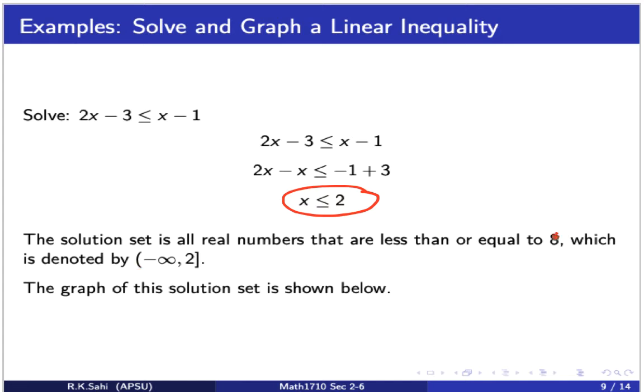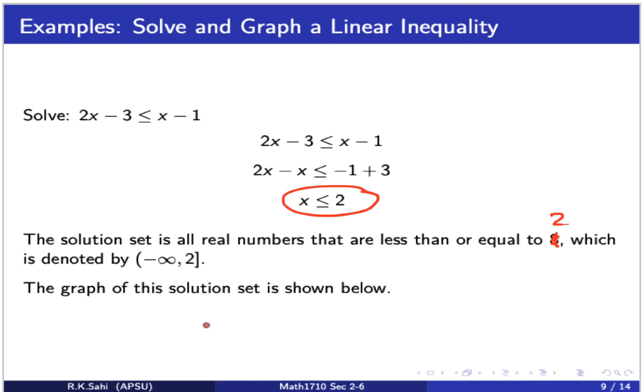This should be, guys, minus infinity, comma, 2 with the square bracket. Remember one thing, when you have any brackets next to infinity or negative infinity, we are always going to have a parenthesis. Very, very important.